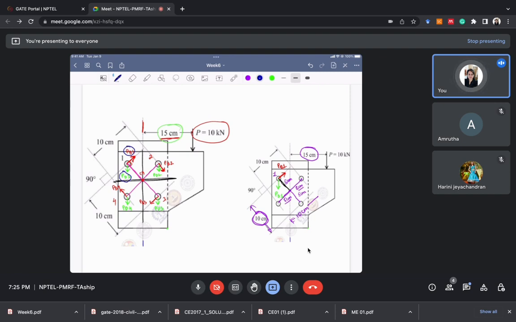This angle is 90 degree, and this angle is 45 degree, since the entire angle is 90 degrees, so half is 45 degree. The total angle between these two becomes 90 plus 45 degree, so theta will be equal to 135 degree.